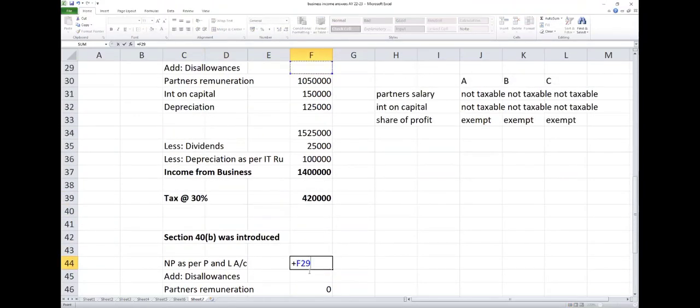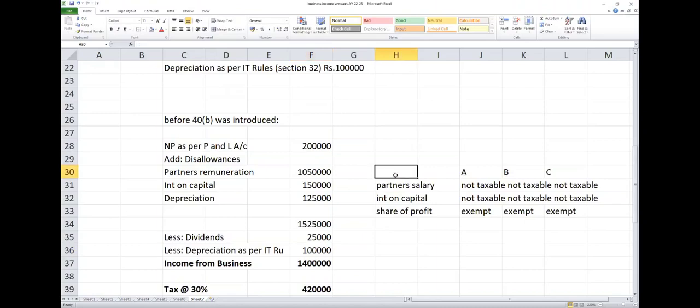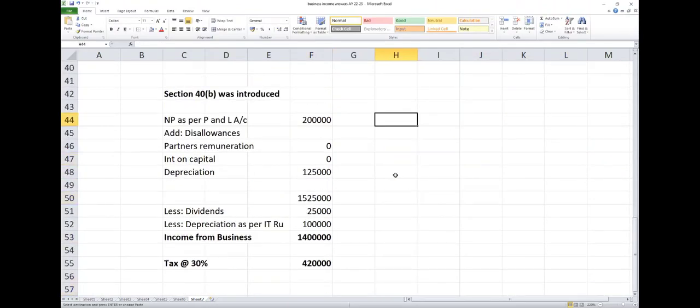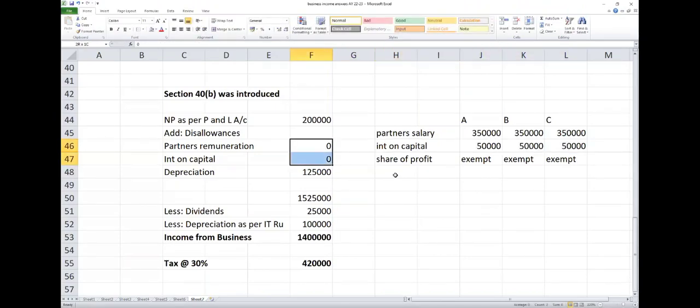So, net profit as per P&L account. Partners' remuneration allowed; instead, let it be taxed in the hands of the partner, 350, 350, 350. Interest on capital allowed. It is taxed in the hands of the partner, not in the hands of the firm anymore.